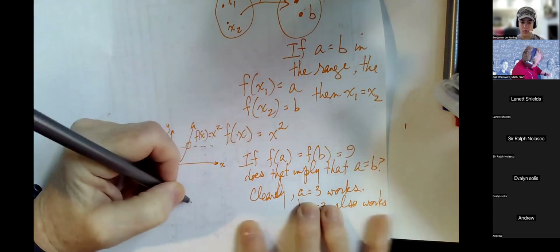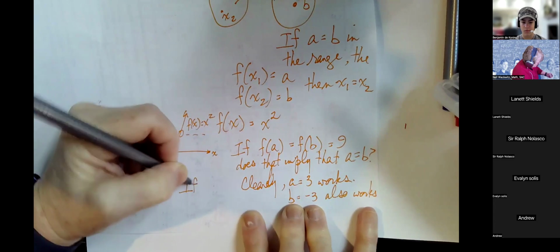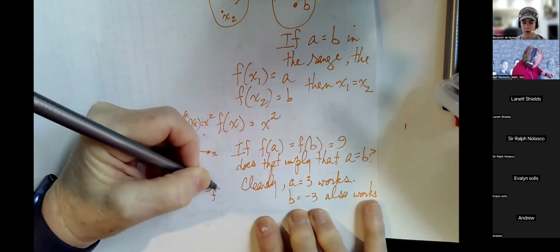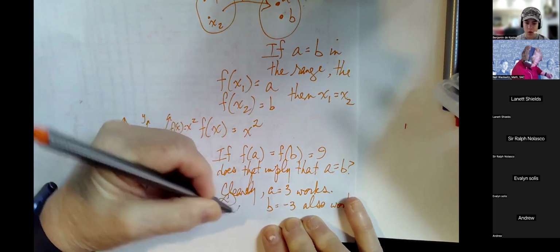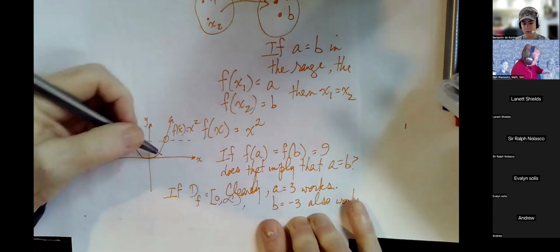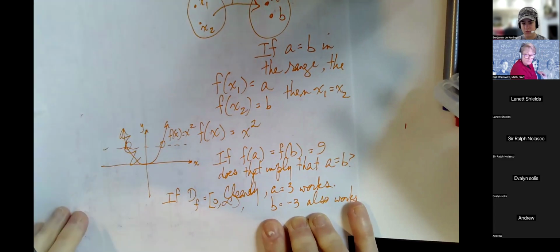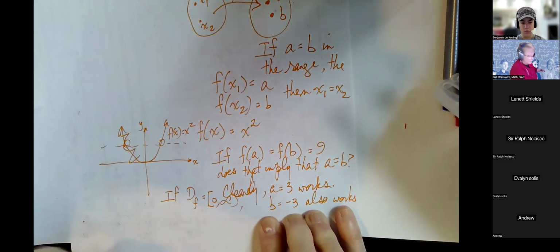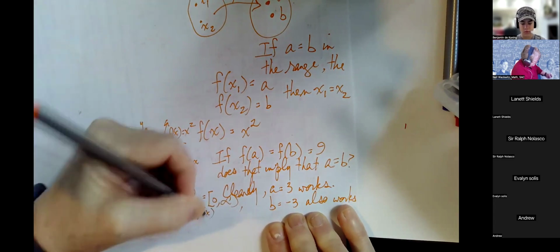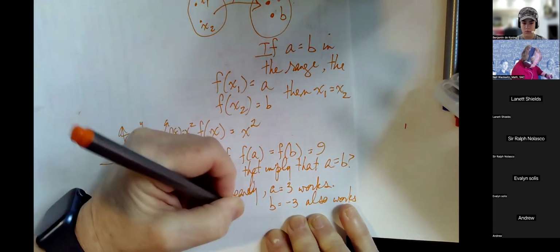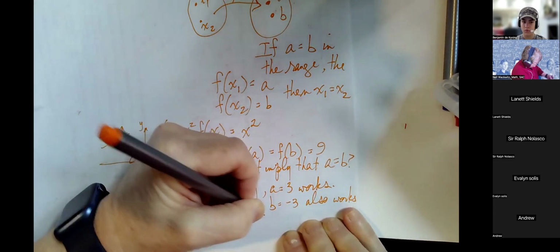So if the domain of f is defined to be 0 to infinity, then we've gotten rid of this arm and we are 1-to-1. Then f of x equals x squared is 1-to-1.